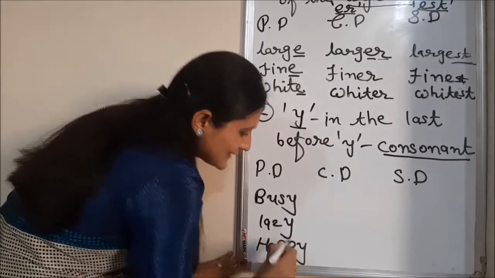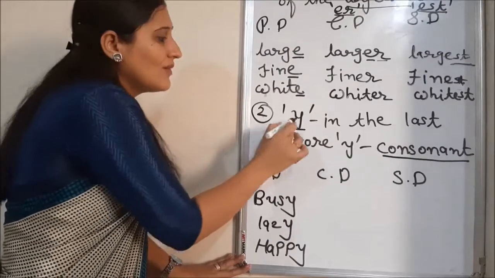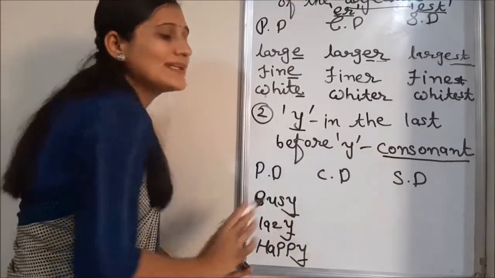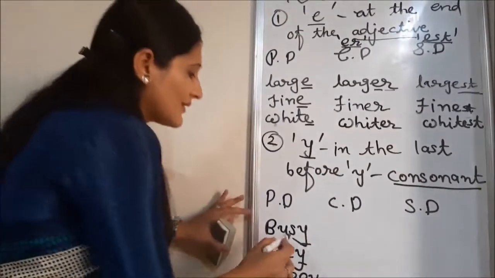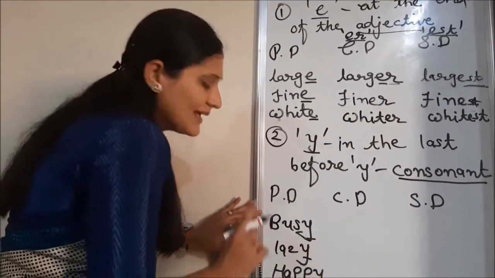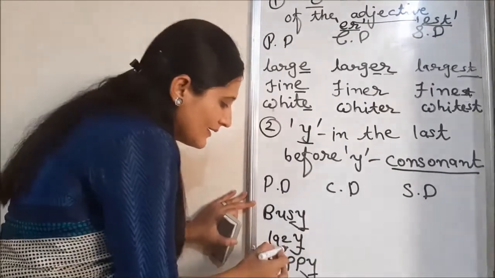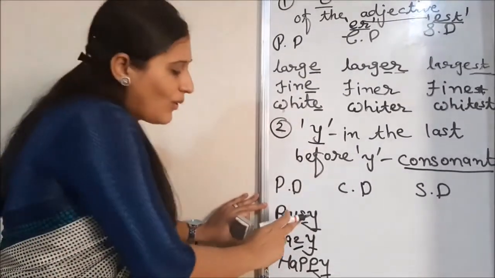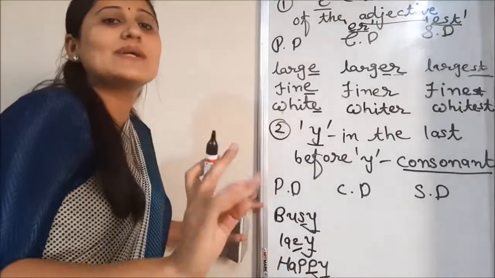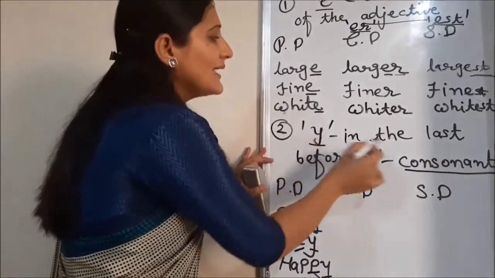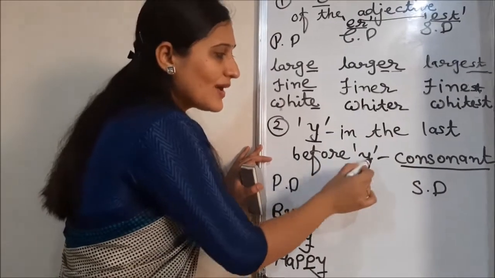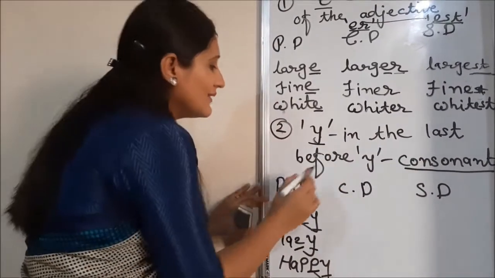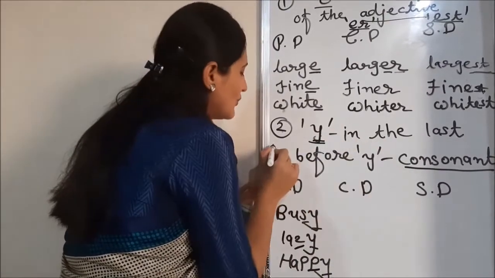These are the examples of this. Y is given last, and before Y you can see a consonant is given. S is a consonant, not a vowel, Z is not a vowel, and P is not a vowel. All three are consonants. What is our rule? Y in the last, consonant before Y. So then what to do? We will turn Y into I.